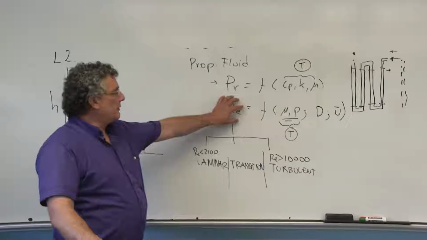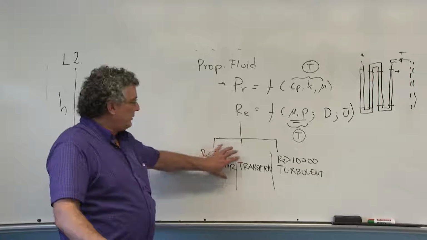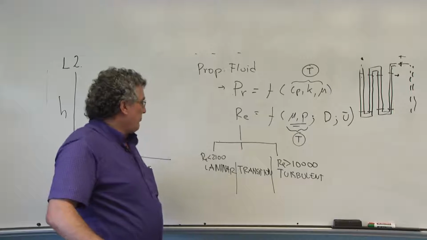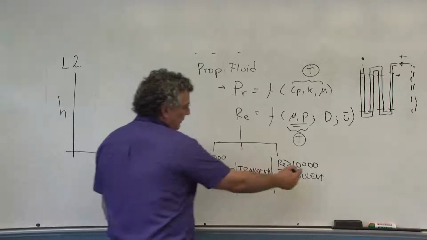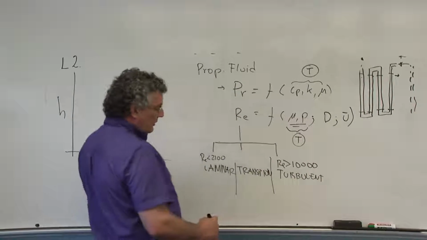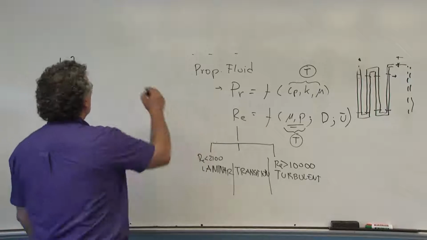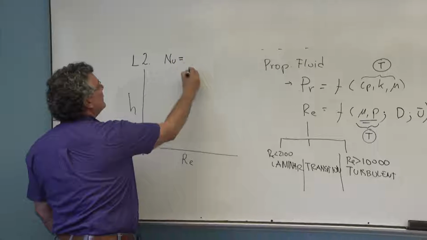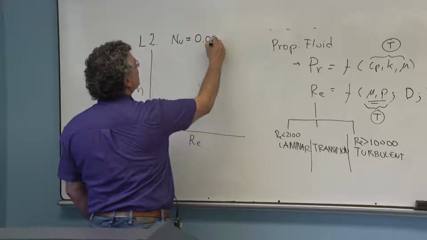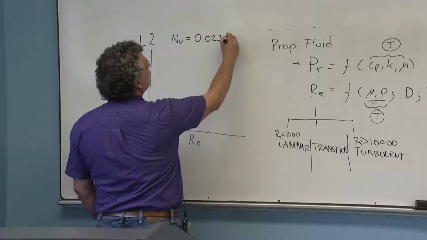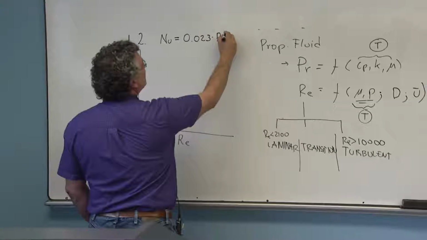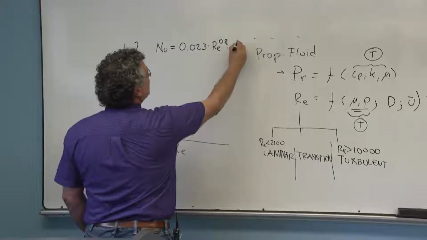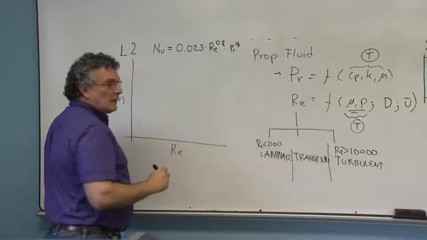So by calculating the Reynolds number, you're also going to determine the type of correlations that need to be used. In the case of turbulent flow, the correlation that we are going to use is this. The Nusselt number is going to be equal to 0.023 multiplied by the Reynolds number to the power of 0.8 multiplied by the Prandtl number to the power of 1/3.